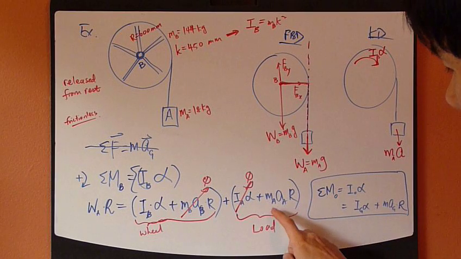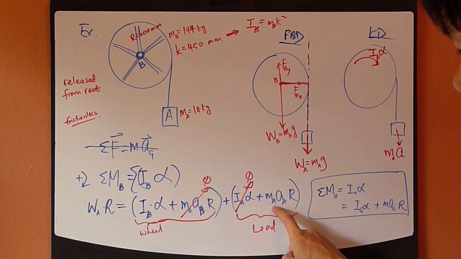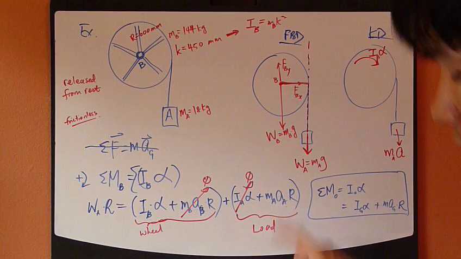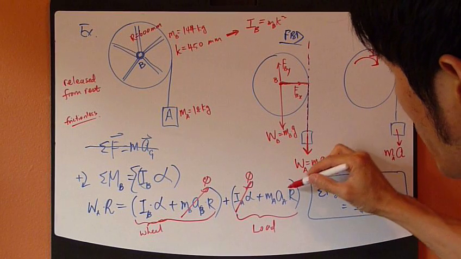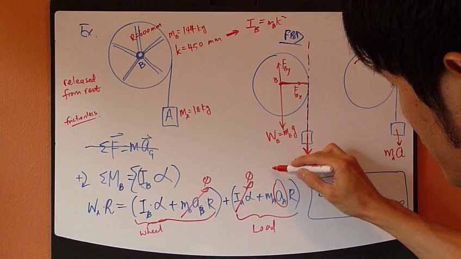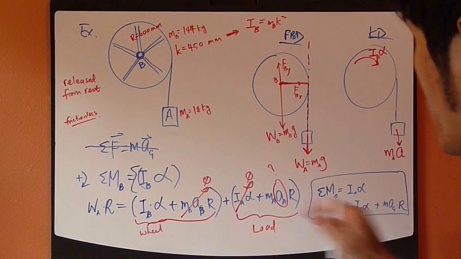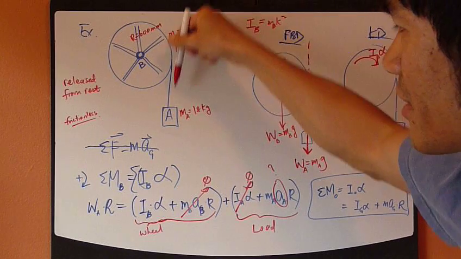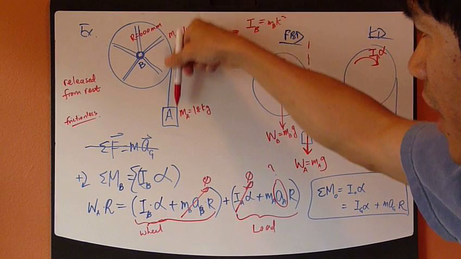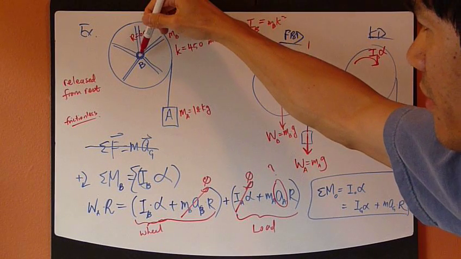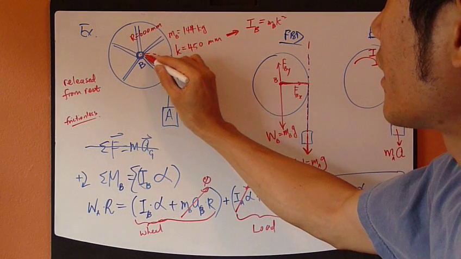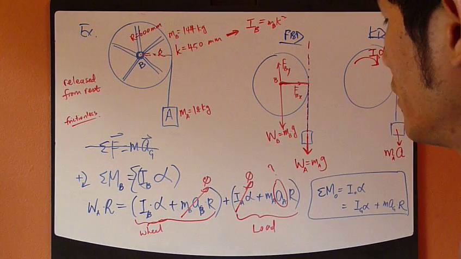So for the load, the only term that has acceleration in it is the linear acceleration term, which is m_A times a_A, which is the unknown, times R, and R is the distance between this line right here and this point. R is exactly, again, the radius.